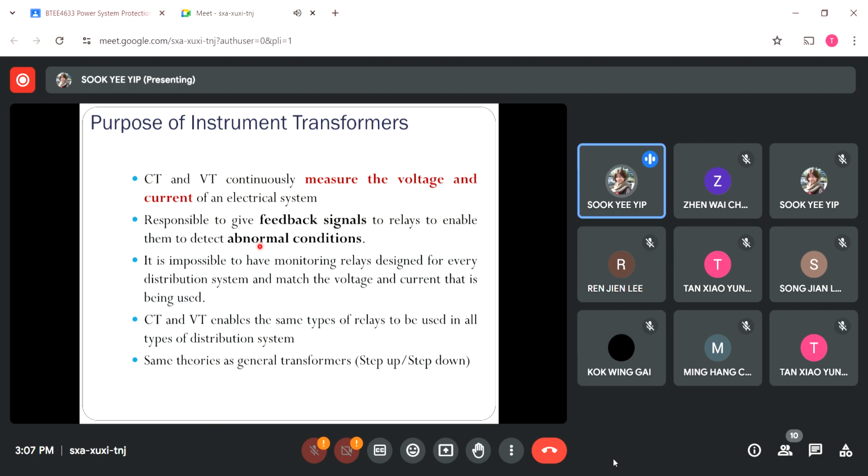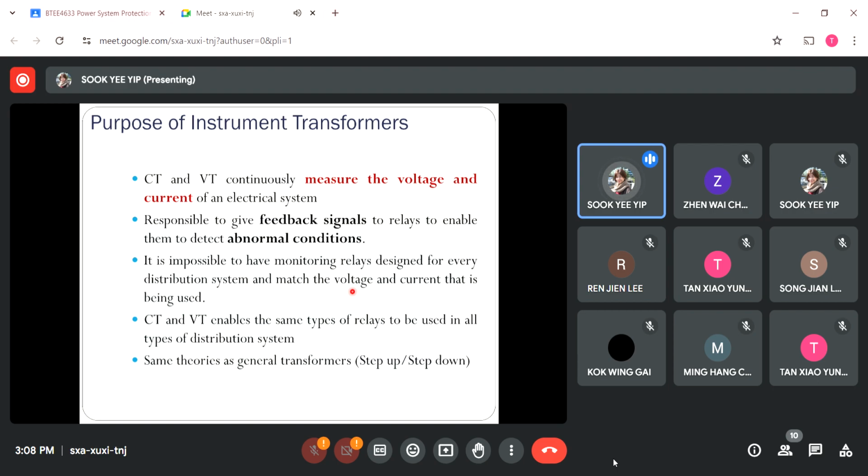So it's impossible to have the monitoring relay designed for every system component, for every distribution system, with matching voltage or current values. For example, the current from the feeders and the current from the transmission line might be different, so we don't need to have a relay purposely designed for specific voltage values.